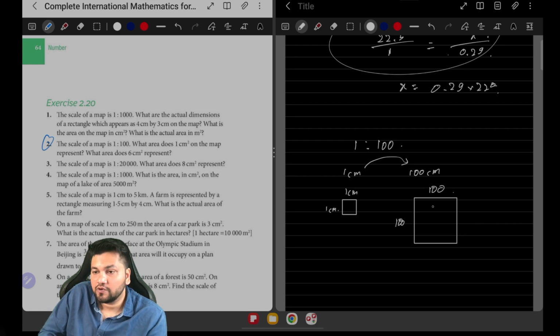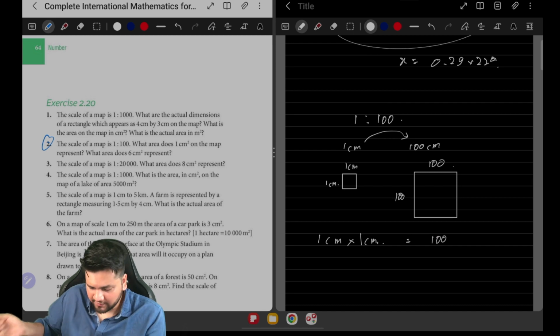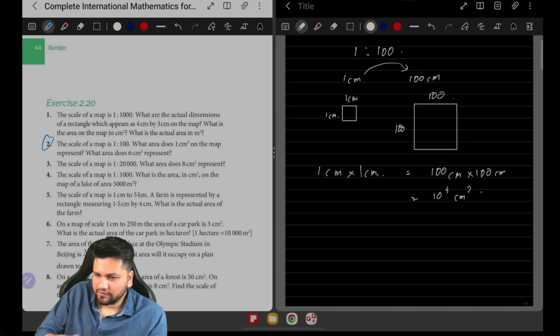So it's like 100 into 100. So 1 centimeter into 1 centimeter is 1 centimeter square. So this would be equivalent to 100 centimeter into 100 centimeter, which is going to be 10 to the power of 4 centimeter square. I think this one would be a better example.